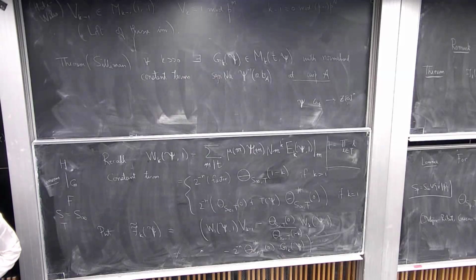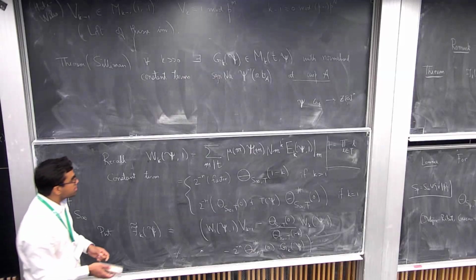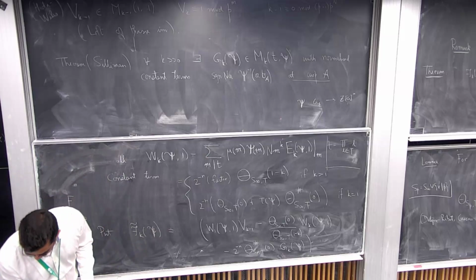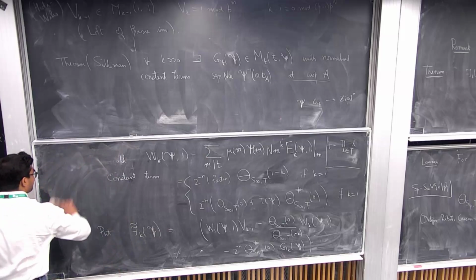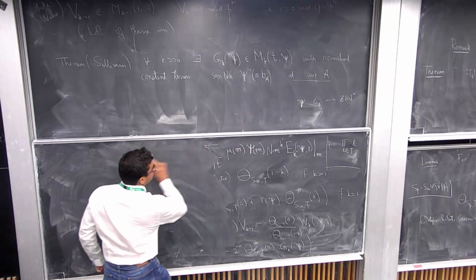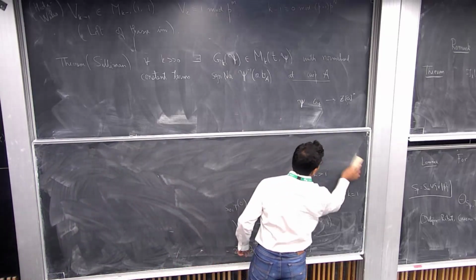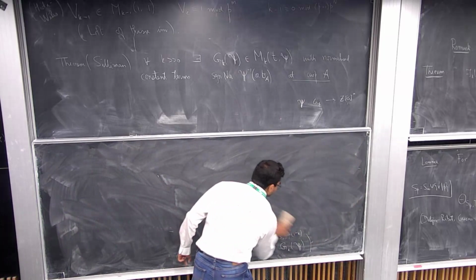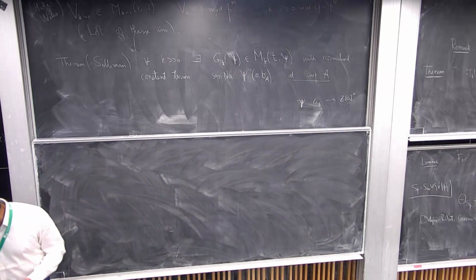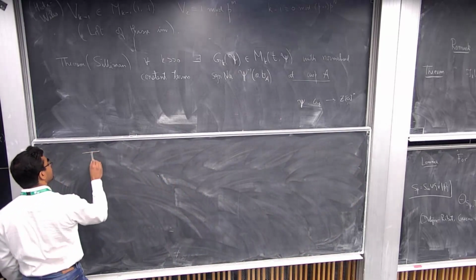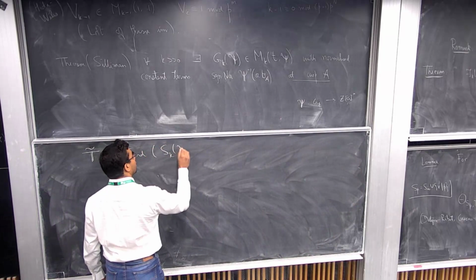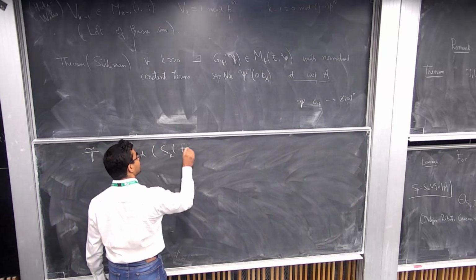Before going to our Galois representations, let's look at some Hecke algebras. So T tilde is the Hecke algebra acting on these.